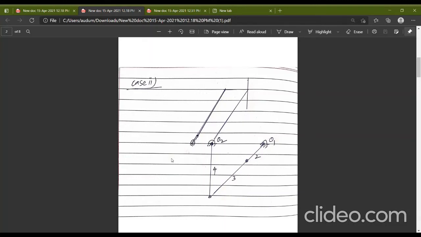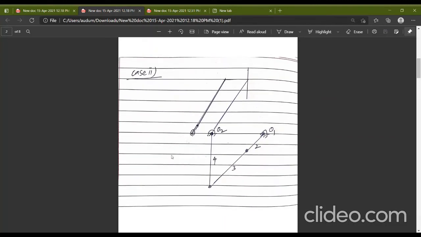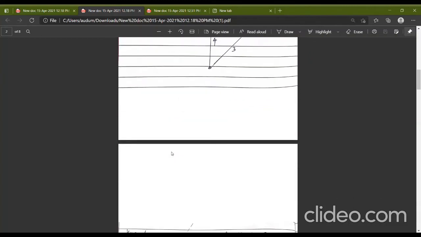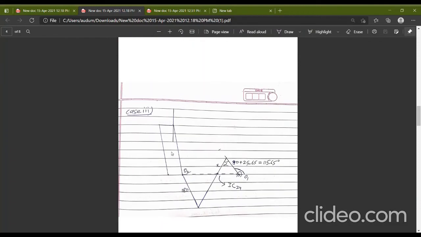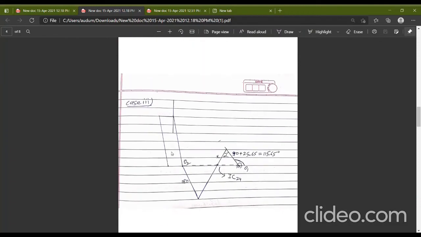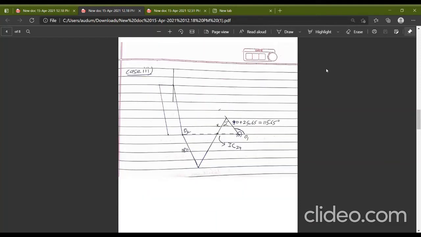Now we'll consider the third configuration, in which body 4, or the wiper, will have the maximum velocity. Here body 2 makes an angle of 115.65 degrees with the horizontal.